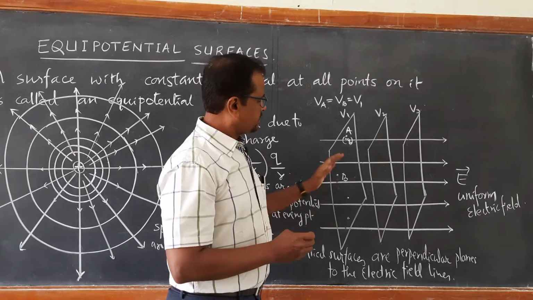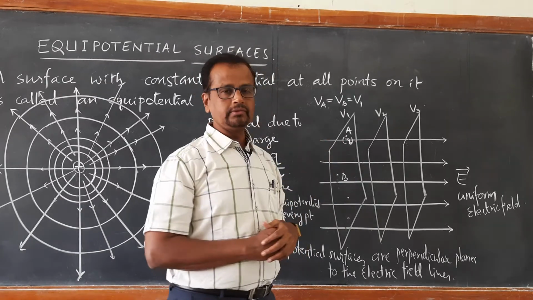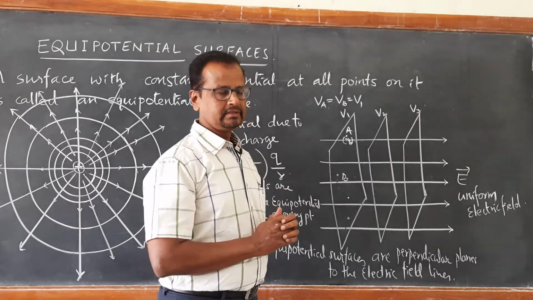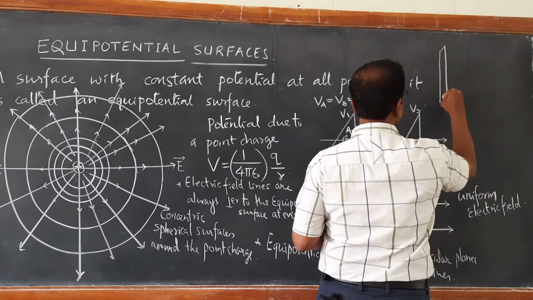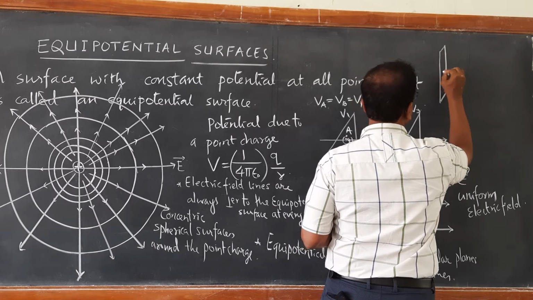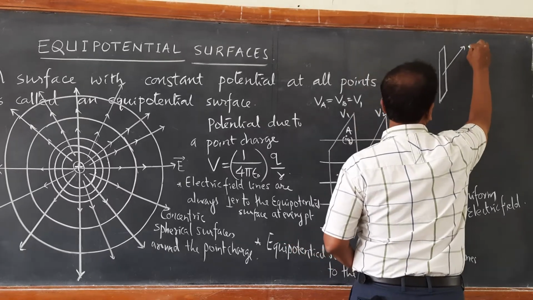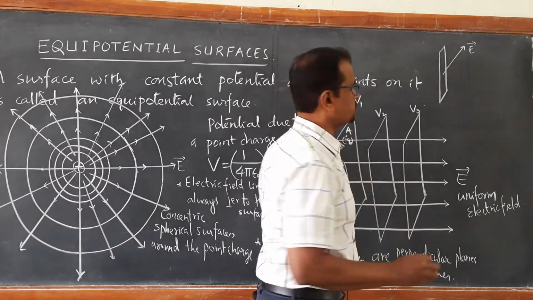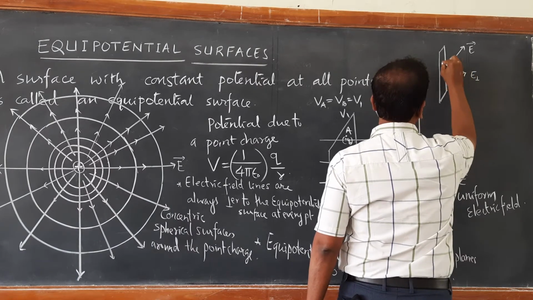If the electric field is not perpendicular to the potential surface, if it were in any other direction, suppose this is a potential surface, right, and the electric field is not acting perpendicular but in some other direction, then one can draw two components, a perpendicular component and a parallel component.